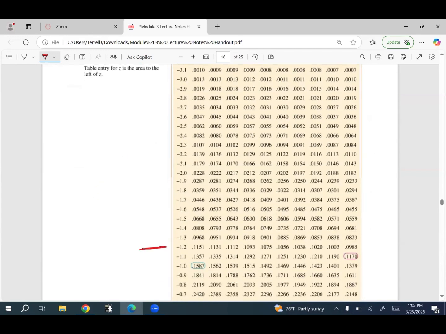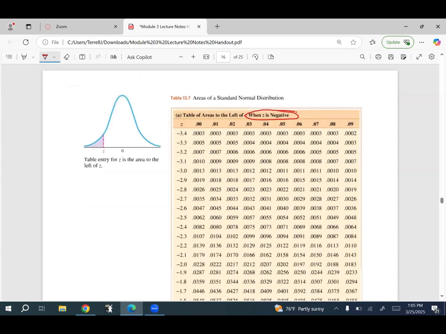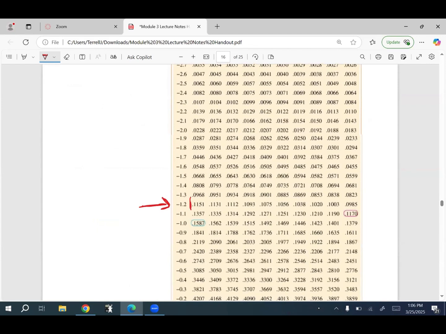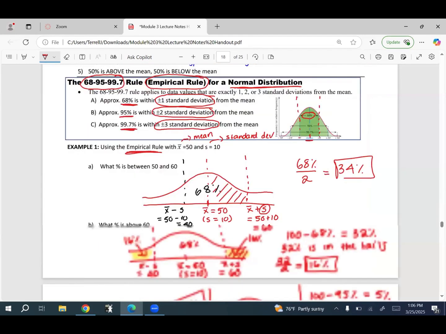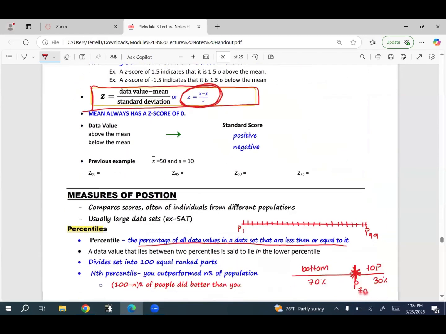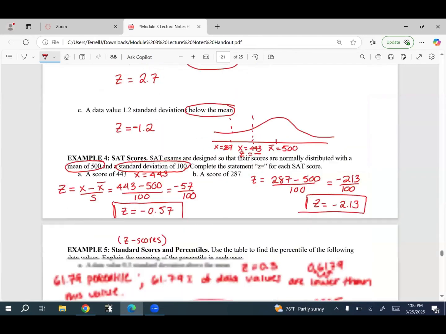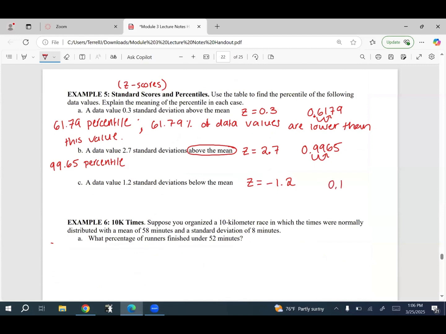I'm on this row, in the 0.00 column, and that's 0.1151. That is my area. I need to make it a percent, and to do that I'm moving the decimal point 2 places to the right, which makes this the 11.51 percentile.